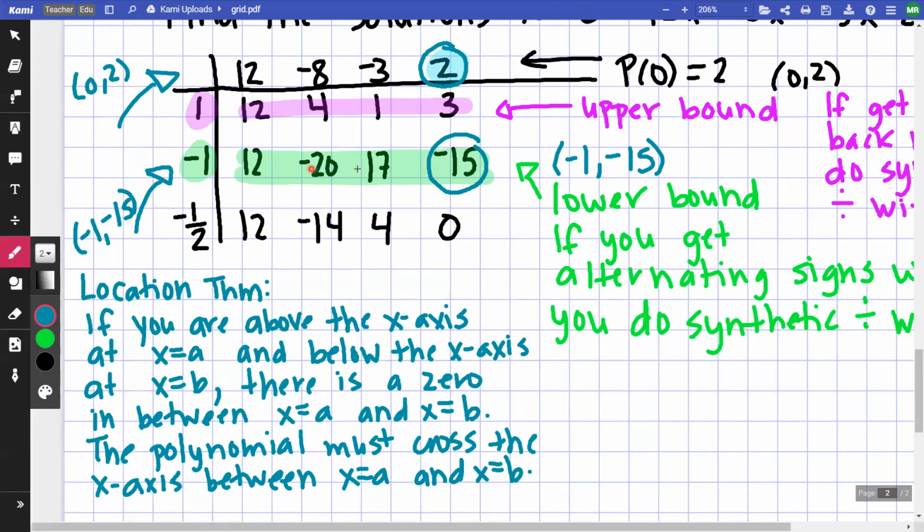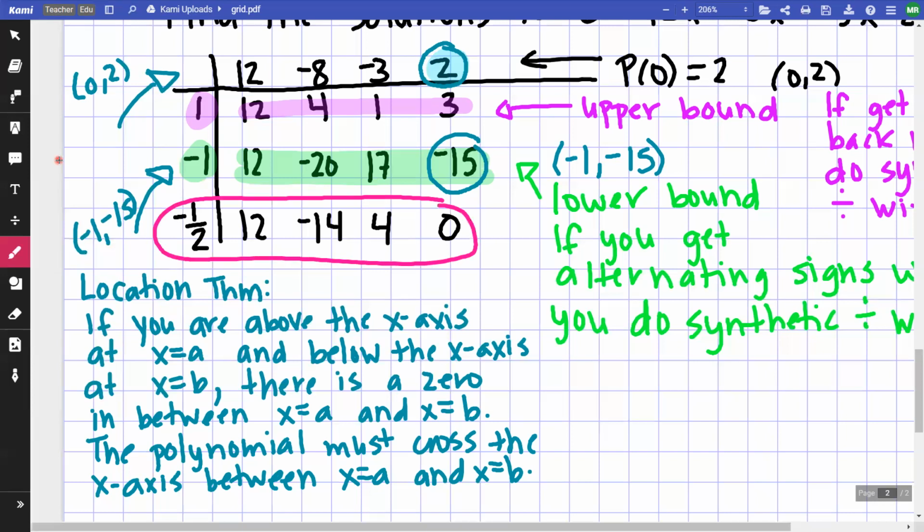But between this -1 and this 0, I was above and now I am below, so I have to cross somewhere in between my 0, 2 and my -1, -15. So I tried an x value in between these. I tried -1/2 and I ended up getting my 0. Okay. So now I am going to take this situation here, and I know that x equals -1/2 is a solution.